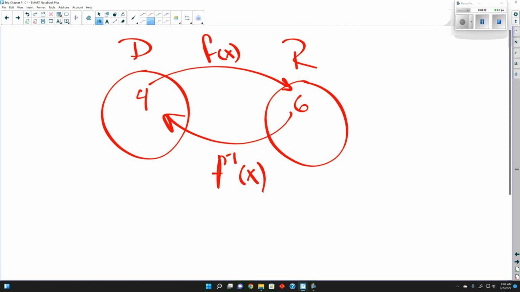It takes us back where we started. It takes it from the 6 back to the 4. Or if we talked in a general sense, it's taking x to the y value over here, and then it's taking it right back. So no matter what number we start with, when we apply the inverse and then the function itself, or the function then its inverse, we end up back where we start. That's all it's saying when we end up with x.